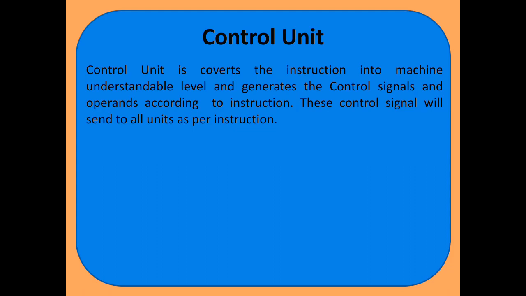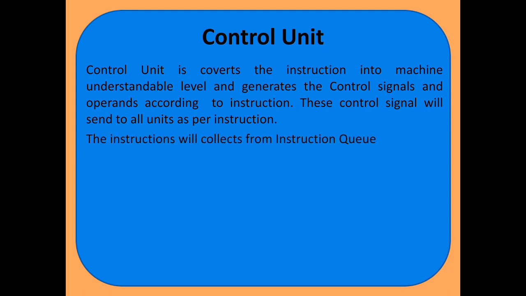For that purpose, we use the control unit. This control unit converts the assembly language into ones and zeros, which is understood by the microprocessor. According to that information, it generates operands and control signals. According to the requirement of the operation, these control signals are sent to all the other components that are present in the 8086.